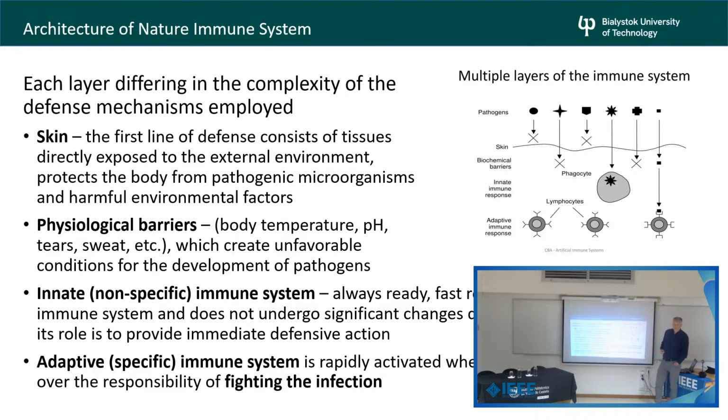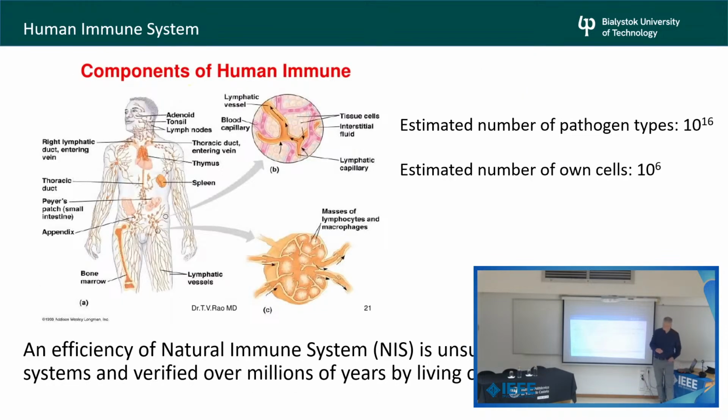The artificial immune system mainly focuses on the last one, the adaptive immune system. This system learns during life and fights infections.